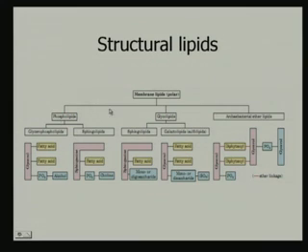It can be divided into different parts, say for example phospholipid, glycolipid and archaebacterial ether lipid. So, these are the different compositions of structural lipids which are mainly present in the cell wall or cell membrane of any animal or plant cell.